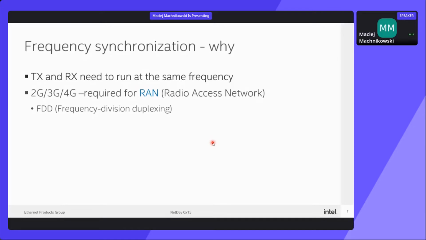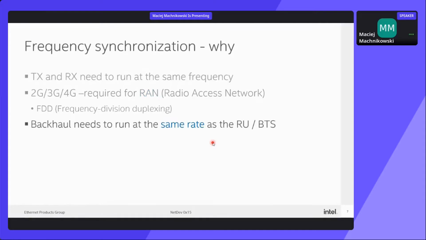So there are dedicated downstream and upstream windows. And obviously, if we get out of sync there, we will start scrambling the signal of the other cell tower that's in range. So we cannot really allow that. And also the backhaul needs to run at the same rate as our radio units or BTSs.